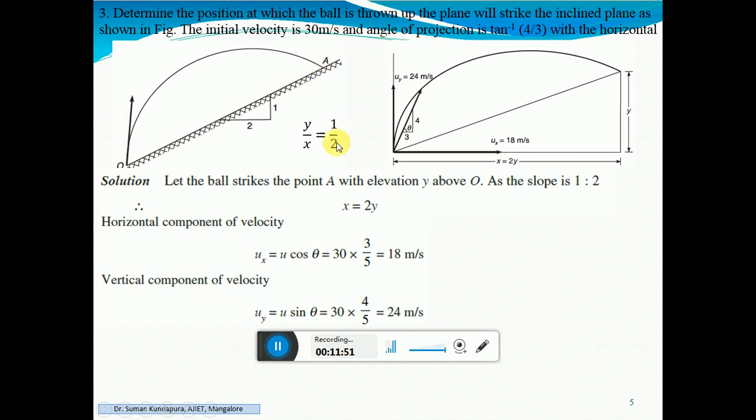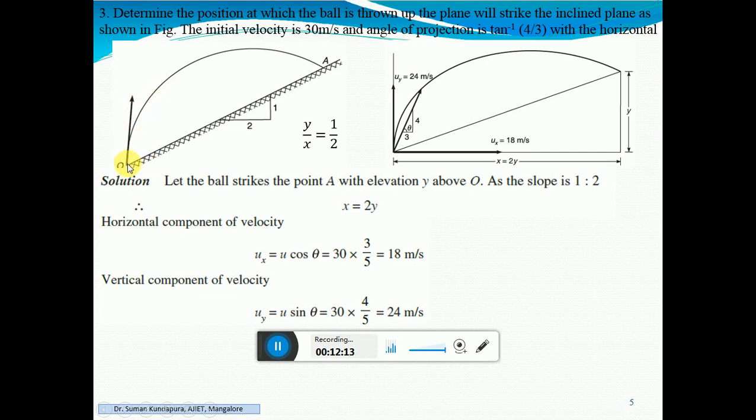This figure is given. It is drawn with whatever information is given in the problem. They have given you the initial velocity and the angle of projection, which is of the projectile.